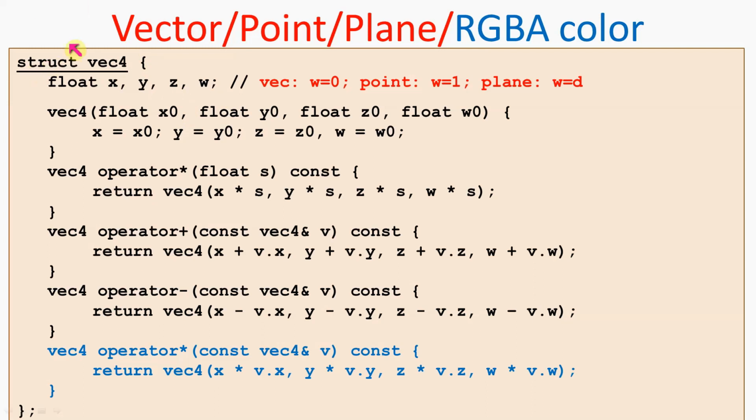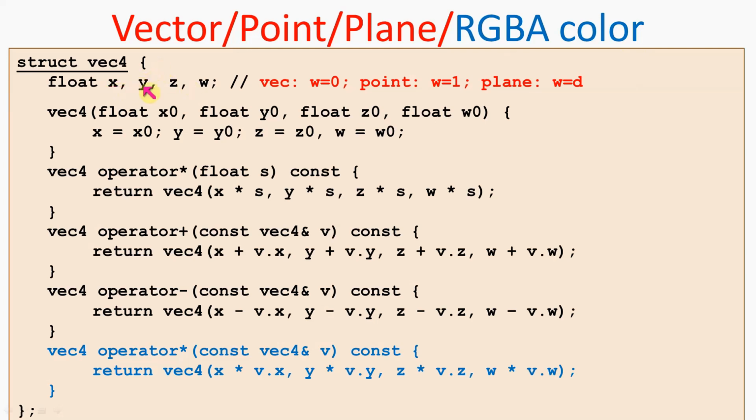So this vec4 can define not only vectors but also points, planes, and we can even add colors, because we know that colors can be decomposed to red, green and blue components, and if we add the opacity as a fourth component, a color also needs four scalar values for its definition.